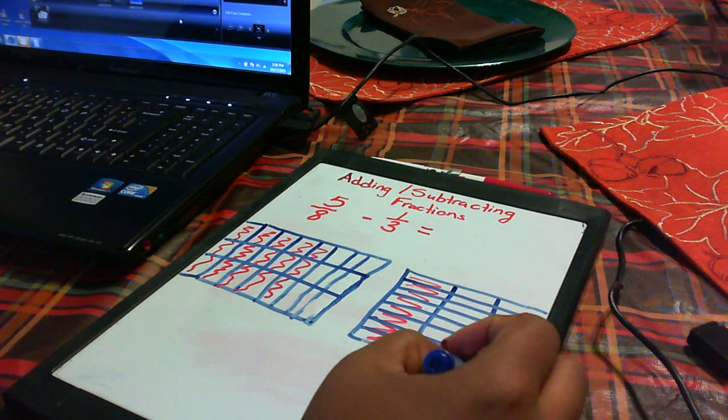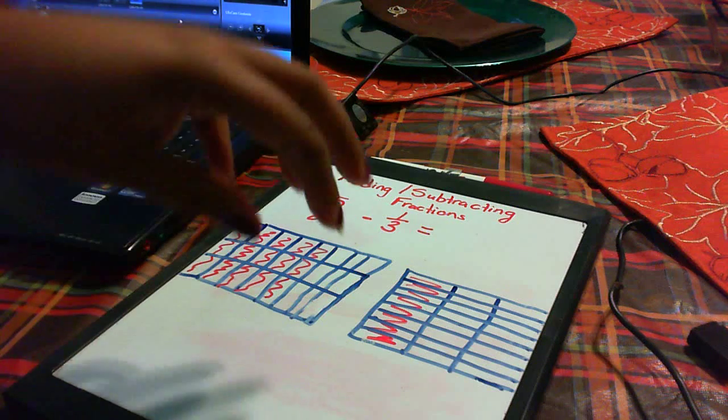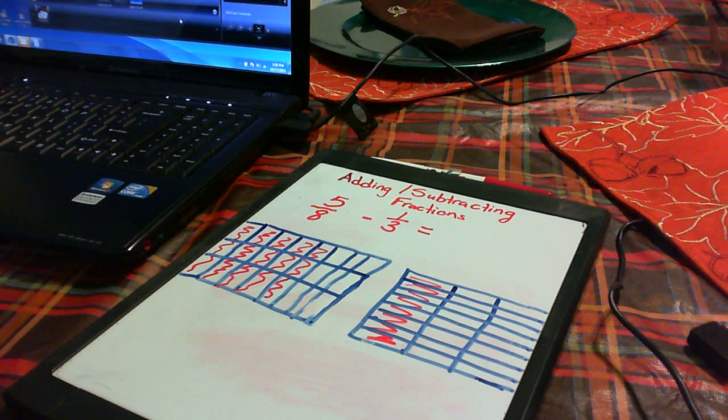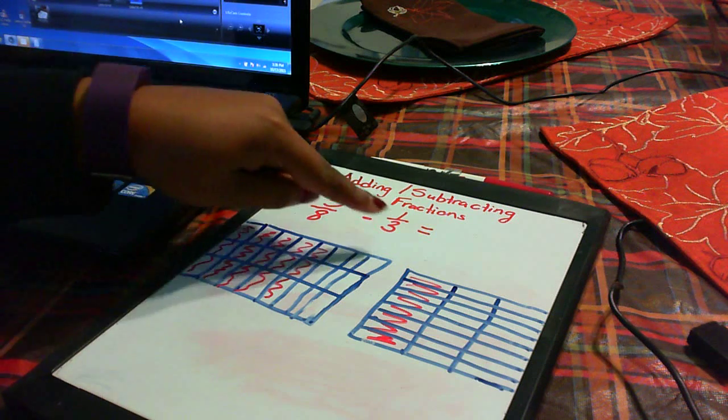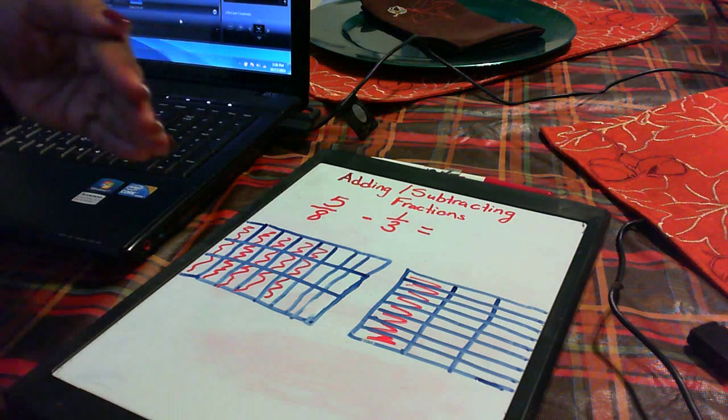Now they both have the same number of boxes inside each of those boxes. And you have to use your denominators to determine how many lines this way and how many lines this way.